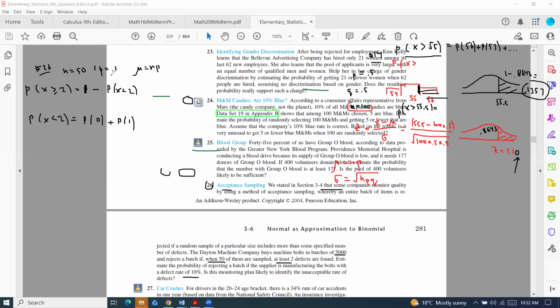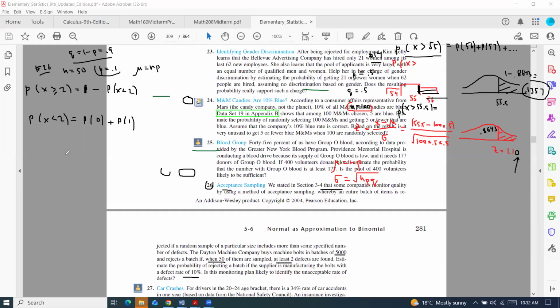And p is 0.1. q is the complement, always found by subtracting from 1, so 1 minus 0.1 is 0.9.